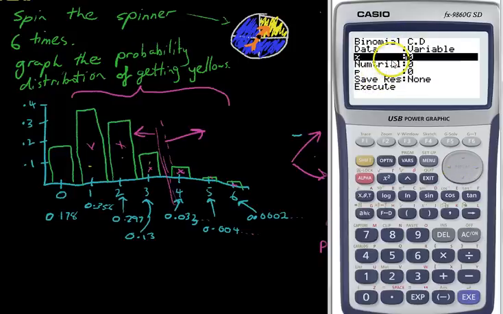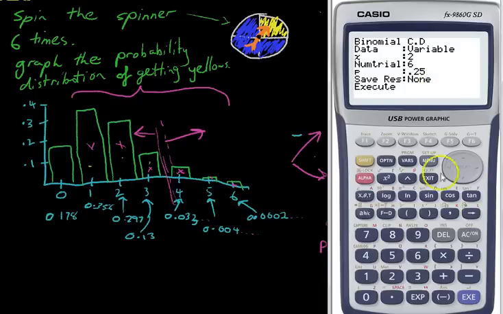Let's take a look. If I put an x value of 2 and the number of trials 6 and the probability of 0.25. Now, a lot of us will think that that says that I want 2 successes from 6 trials and the probability of success is 0.25. That's not what it says.